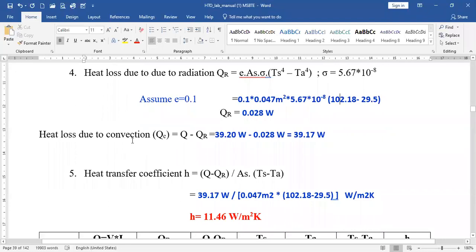Now for the calculation of heat loss due to convection, we can take the difference, that is Q minus QR. This Q is heat supplied to the experimental setup and this QR is the heat losses due to the radiations. So this heat loss due to convection is calculated as 39.17 watt.